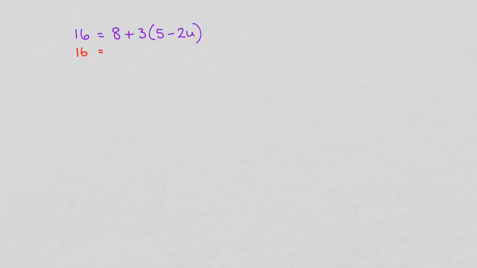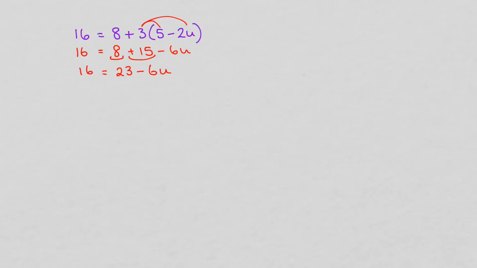And on the right-hand side, there's the 8 to start with. Then 3 times 5 is 15. 3 times negative 2u is minus 6u. So we're going to tidy that up a little bit. So on the right-hand side, we can see we've got an 8 and a plus 15. So that's 23 minus 6u on the right-hand side and 16 on the left-hand side.